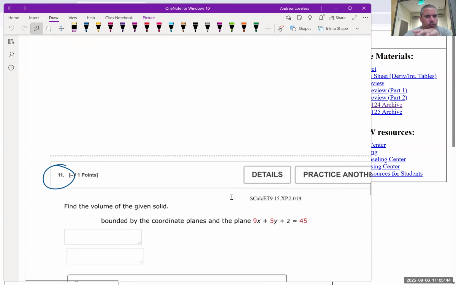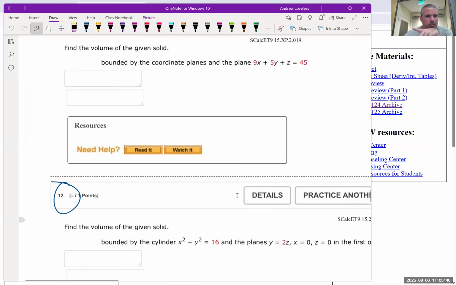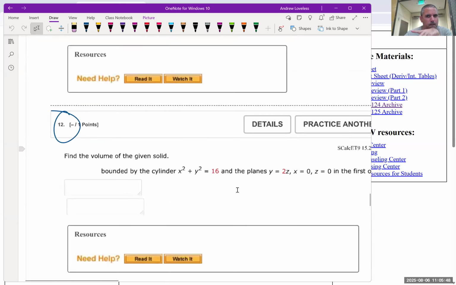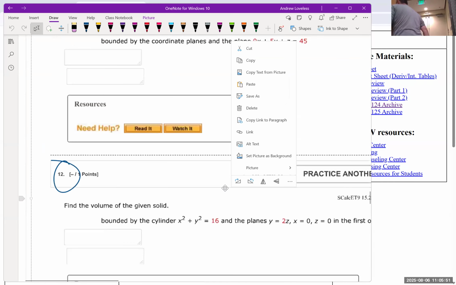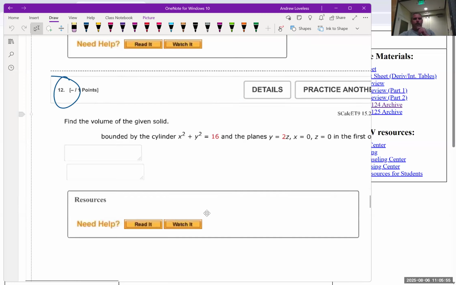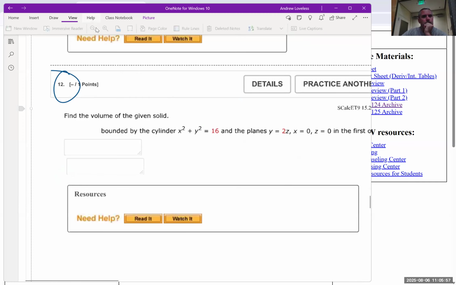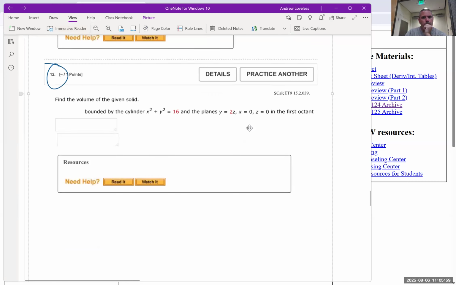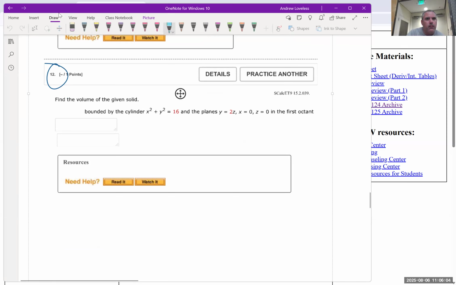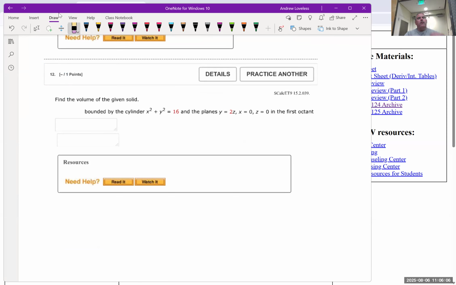There's one that has to do with volume bounded by the plane. Let me look at your number 12 here. Consider the region. Let me draw this. Find the volume of the solid bounded by the cylinder, the plane, this other plane, and this other plane, and in the first octant.